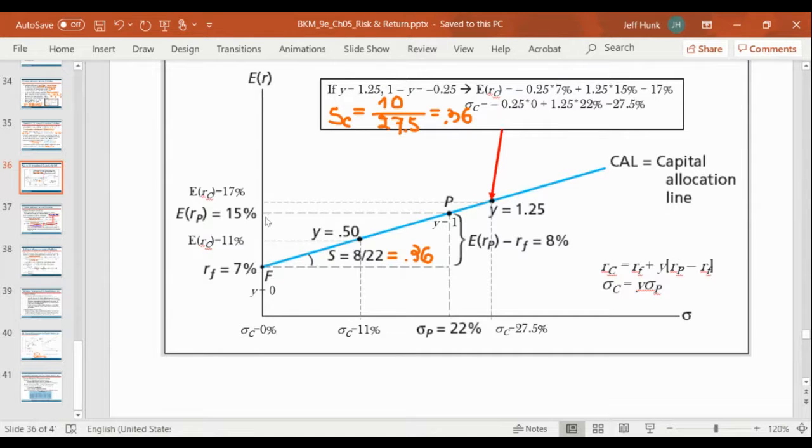When you had 15% return, that would be the case when you put 100% in, in other words, y equals 1.